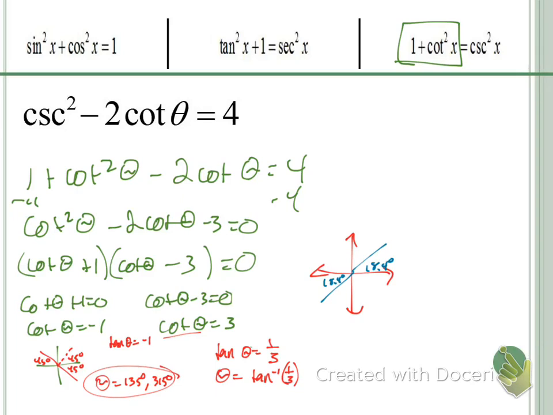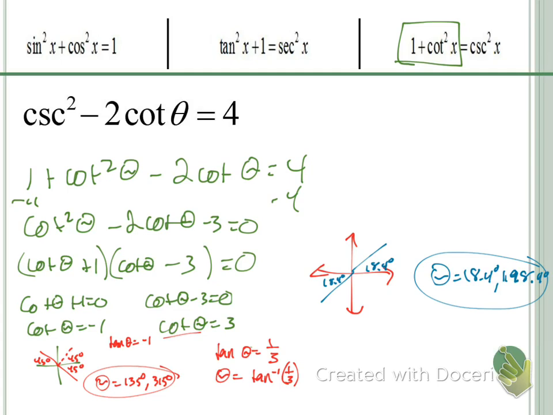Which means two more solutions: I get 18.4, and then for quadrant 3, I got to add that to 180, and so we get 198.4. So those are solutions as well.